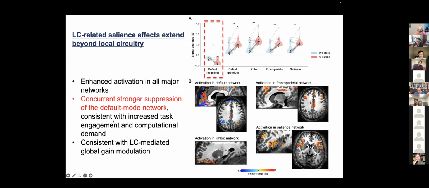And this is consistent with LC acting as a salience gating role to modulate the decision-making pathway, but also the whole global brain system, acting as a global modulator, including both the decision-making pathway and the whole brain level. So this is about the LC-mediated salience gating and modulation. This is the first part, the results of the LC role.